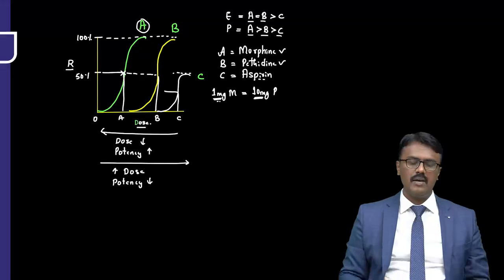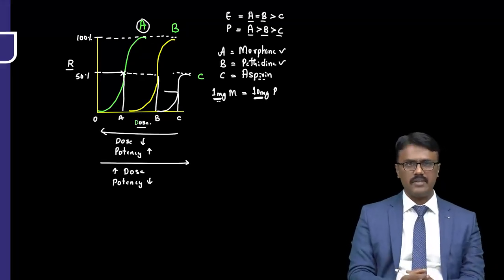Now please tell me, what is most important in our practice? Is efficacy most important or is potency most important? Obviously efficacy. Even if you increase the aspirin dose to 600, 1000, 2000, the cancer pain is not going to come down. So potency is not going to play a major role when we prescribe the drug.